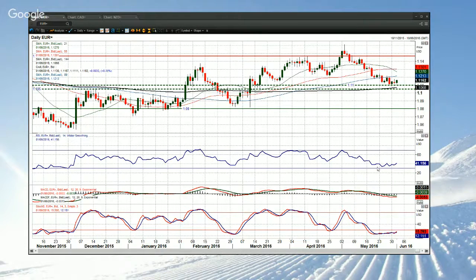You'd obviously need a closing level above 40 on the RSI, and you still haven't had any sort of buy signal on the stochastics. You've had a minor crossover, but you'd want to see those above 40, above 20 on that RSI, and you've not seen that yet.